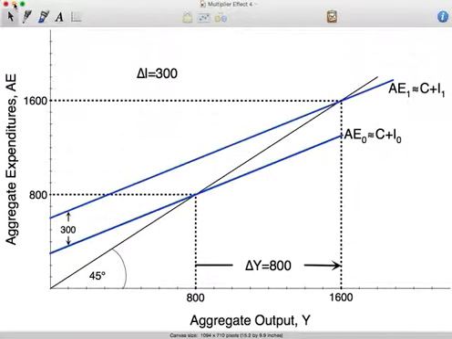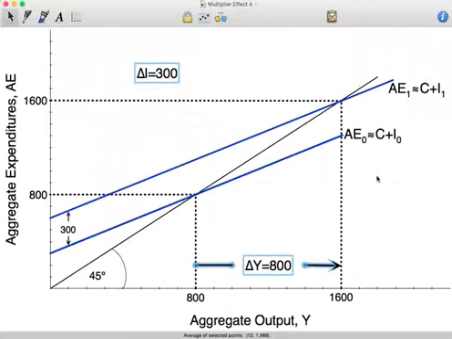So the point of this was to illustrate to you that an autonomous change of 300 in investment causes income to increase by a larger amount than that. It causes it to increase by 800. So that is what is meant by the multiplier effect.